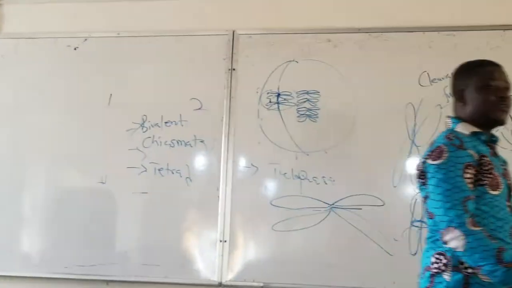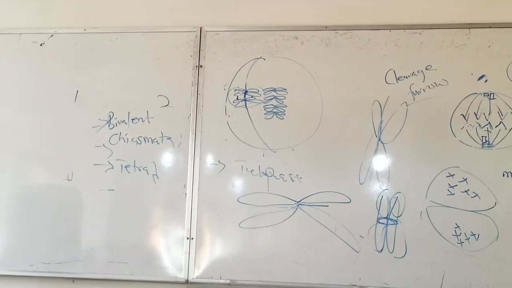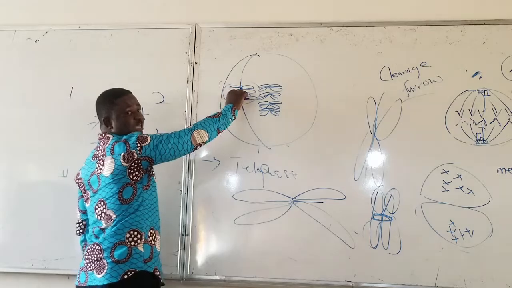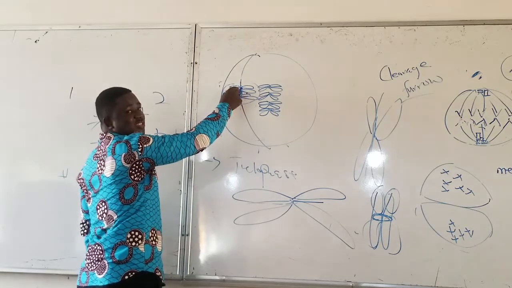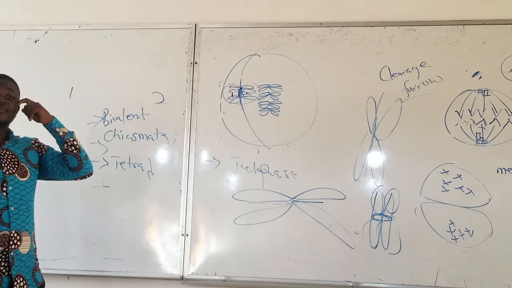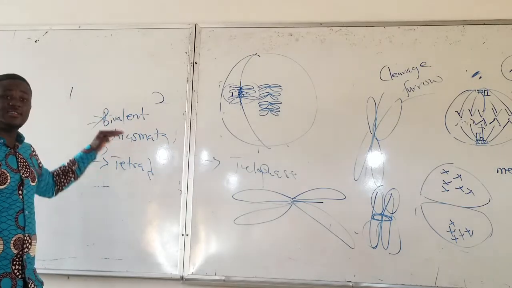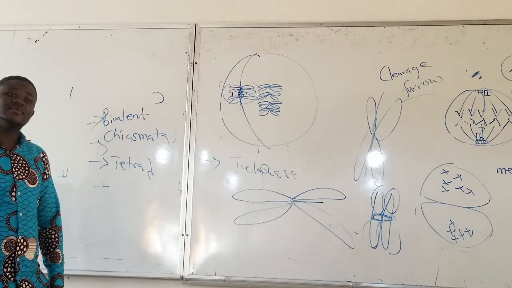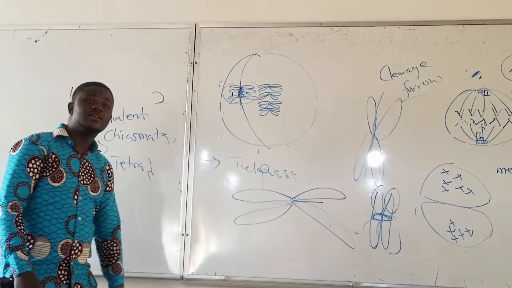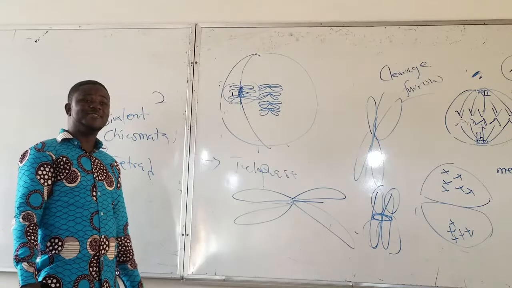Alright. And the chiasma is the point of intersection, the place where they will join together. So this place there, chiasma, right? Plural is what? Chiasmata. Alright. Then bivalent. The bivalent occurs when homologous chromosomes meet again.